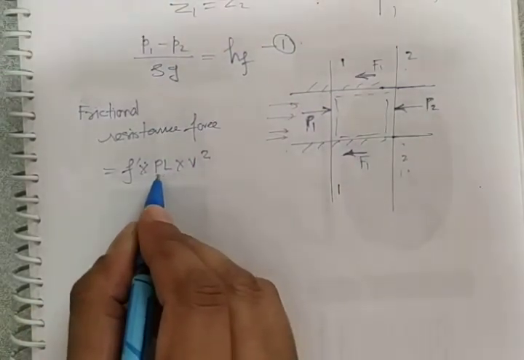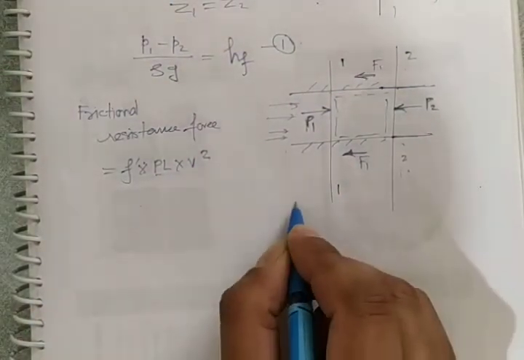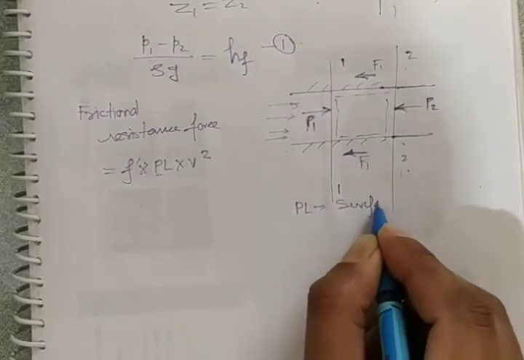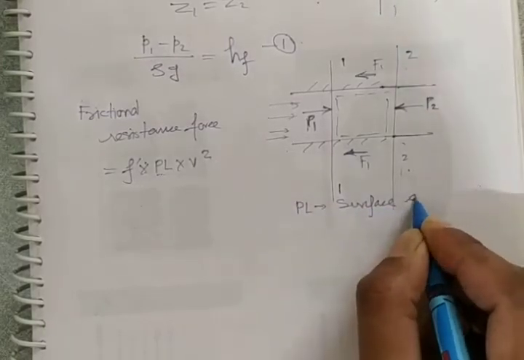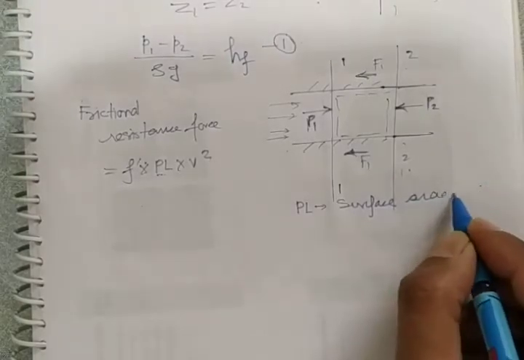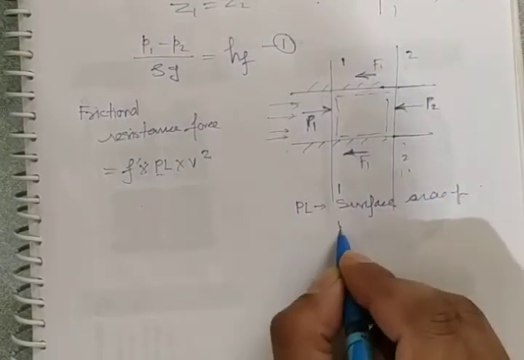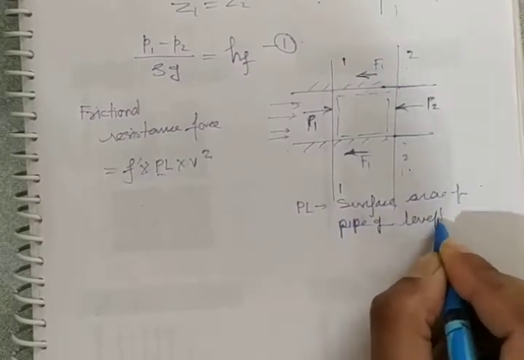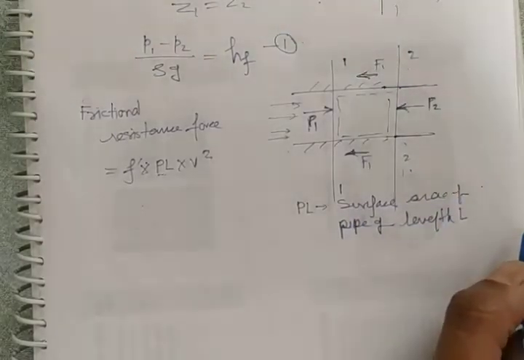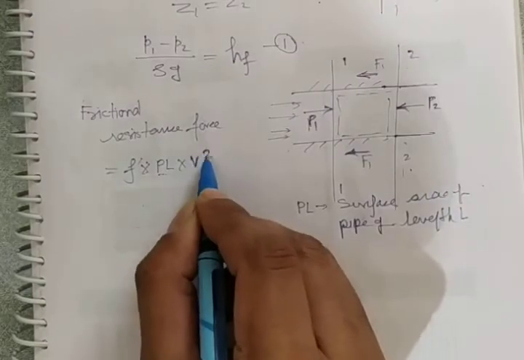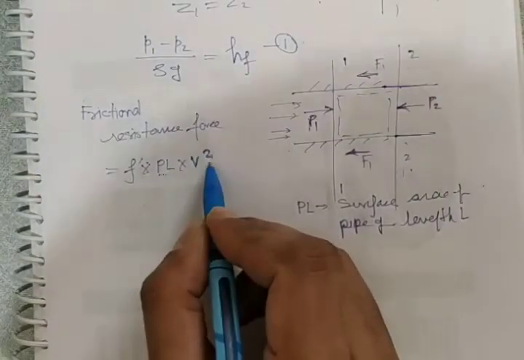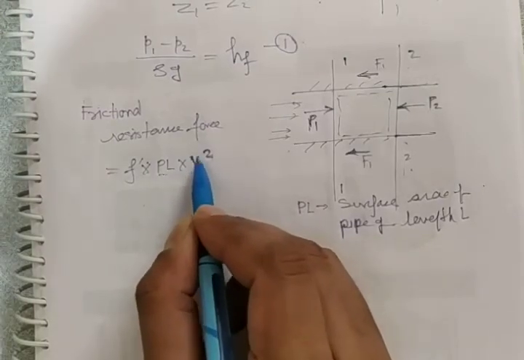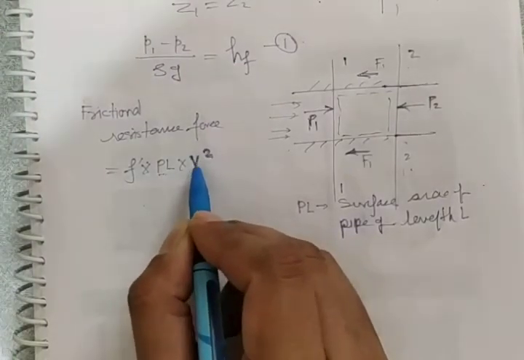P L means surface area. So P L represents the surface area of the pipe of length L, and V we already discussed. In turbulent flow, the average velocity term is given by V square.